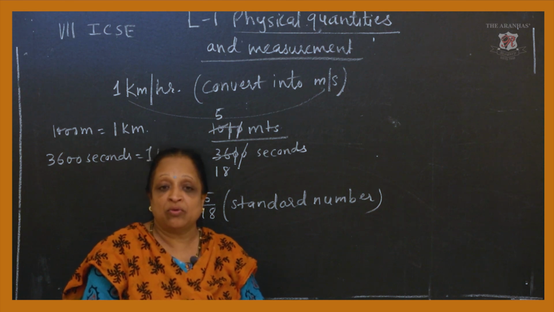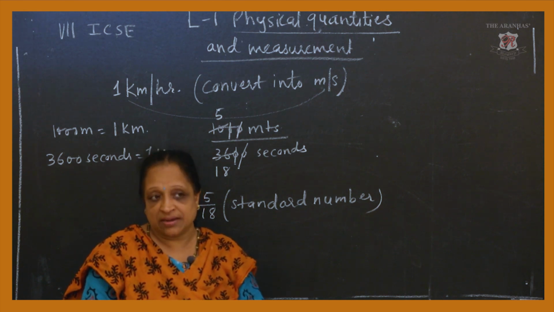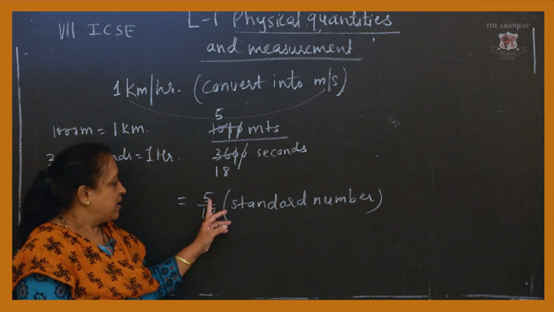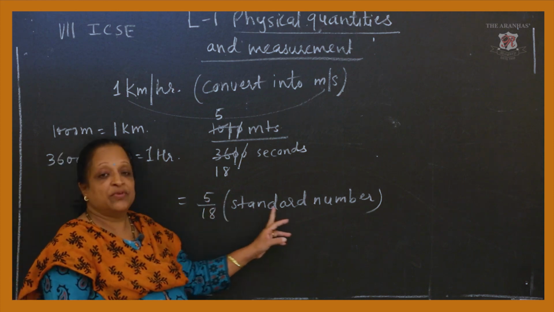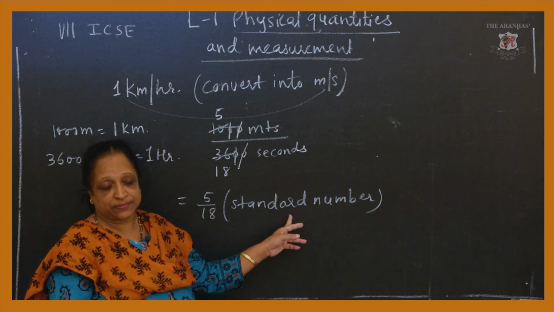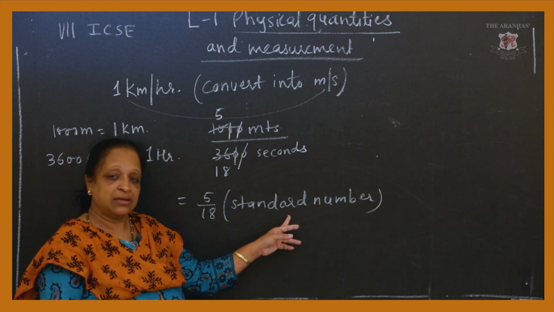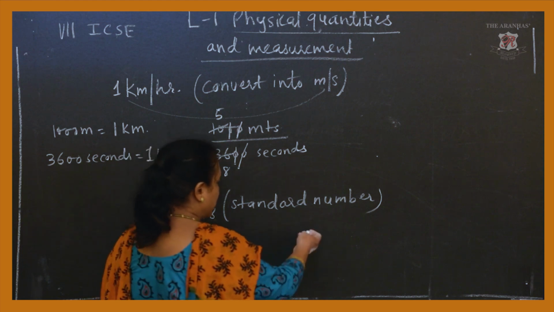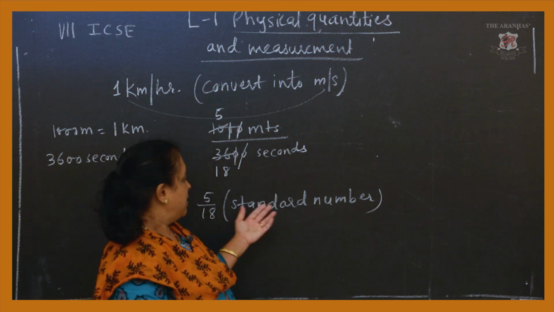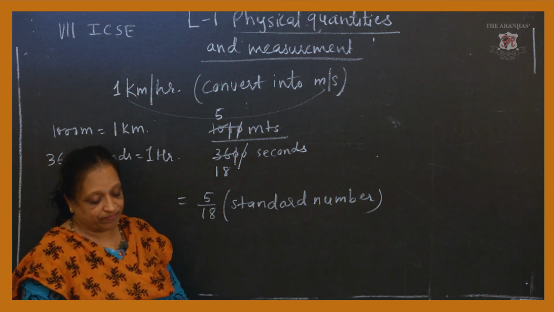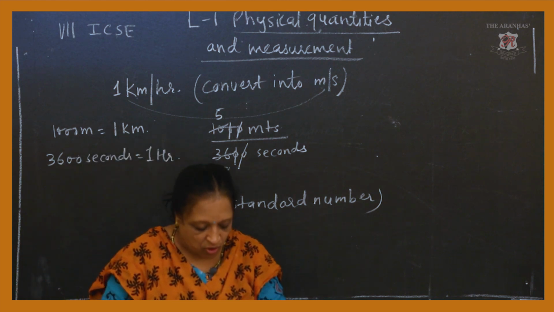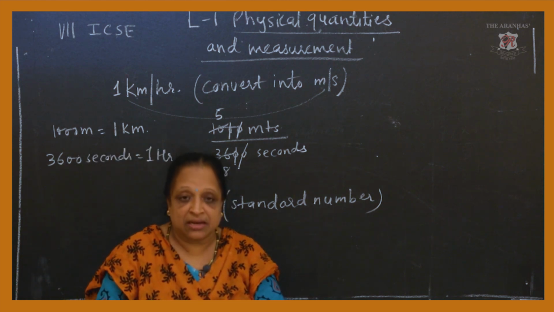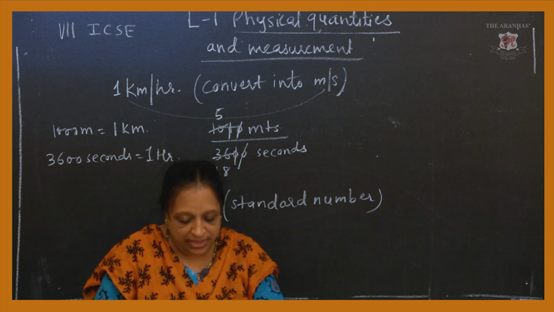Then we write whatever unit we are getting in meters per second. So this is the conversion of kilometer per hour into meters per second.